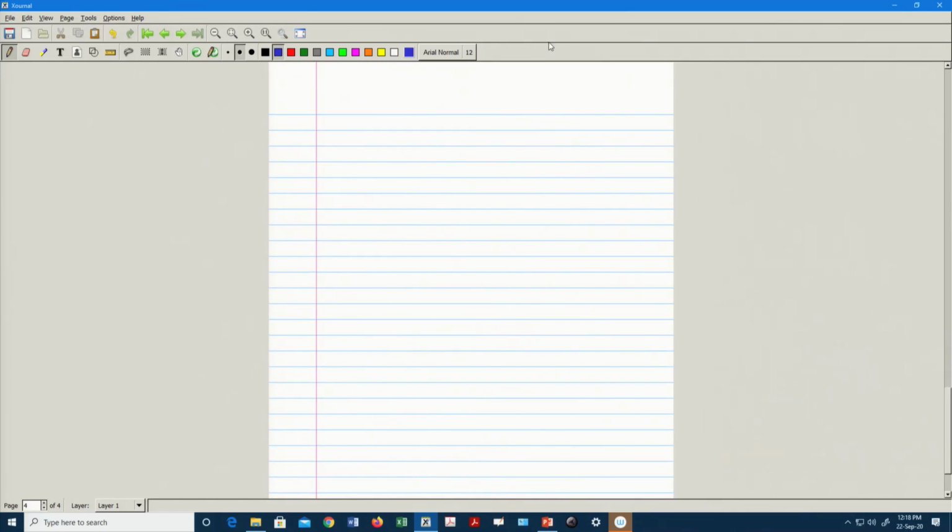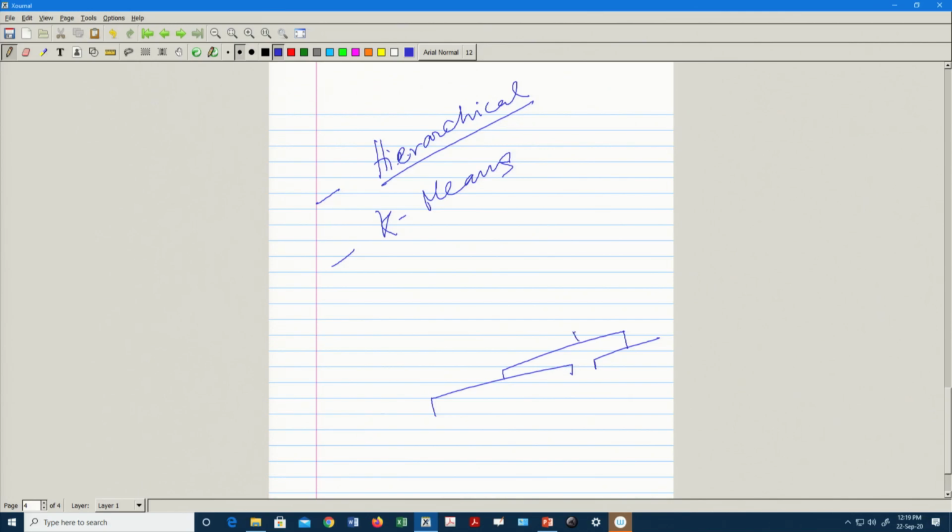What is happening is, in clustering there are different ways, different methods: hierarchical clustering and K-means clustering. Hierarchical clustering basically goes by this, in this way it moves.